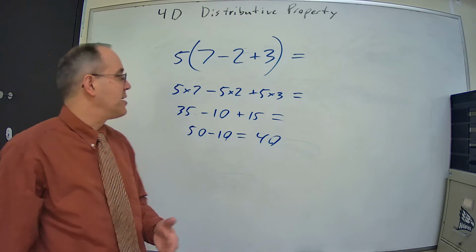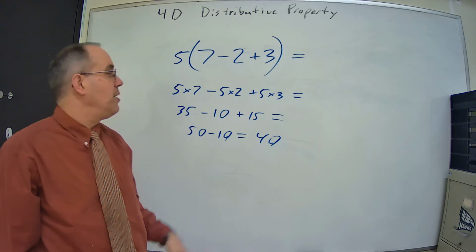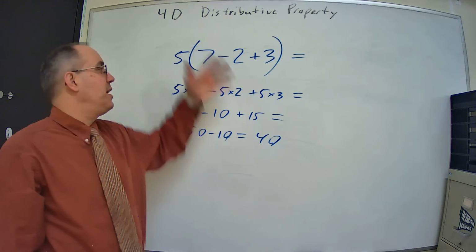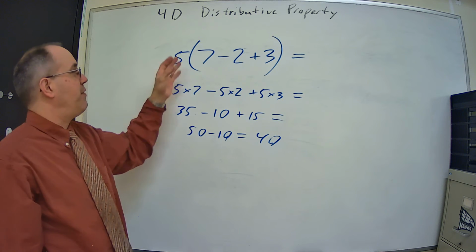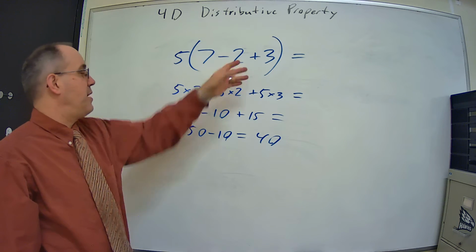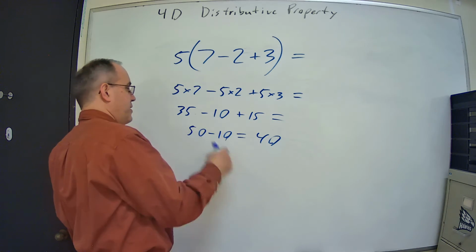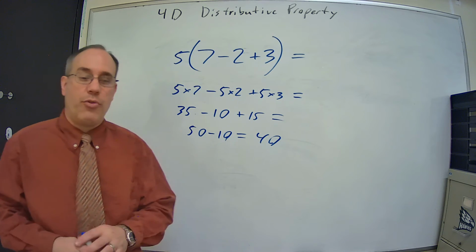I know you look at these things and you go, gee, why are you wasting time writing all this? That's making it so long. That's for demonstration purposes. In reality, I would go through and I would just go 5 times 7, 35, 5 times negative 2, negative 10, 5 times 3, 15, and then I could do my, okay, that's 50 minus 10 is 40. And it allows me to go through it faster.